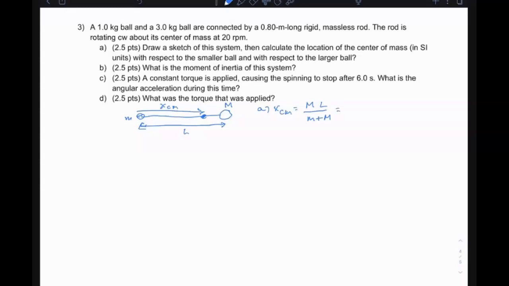Big M is 3, and the sum of the masses is 3 plus 1, or 4. So the location of the center of mass is 3/4 the length of separation, or 3/4 times 0.80 meters, or 0.6 meters.